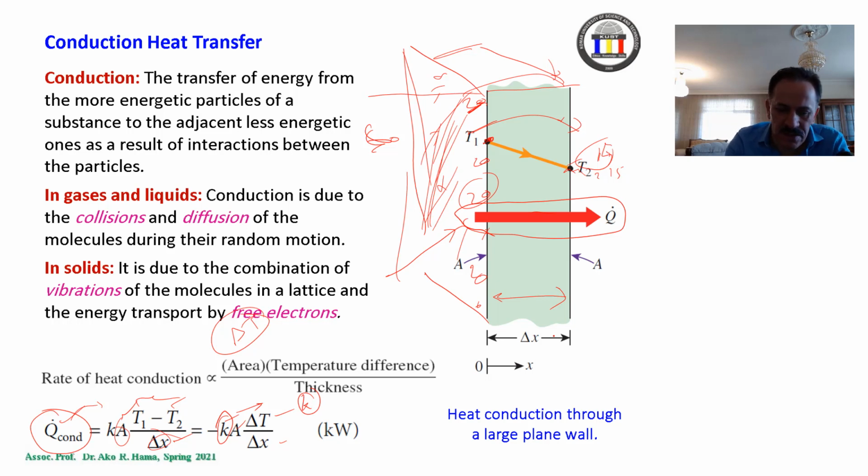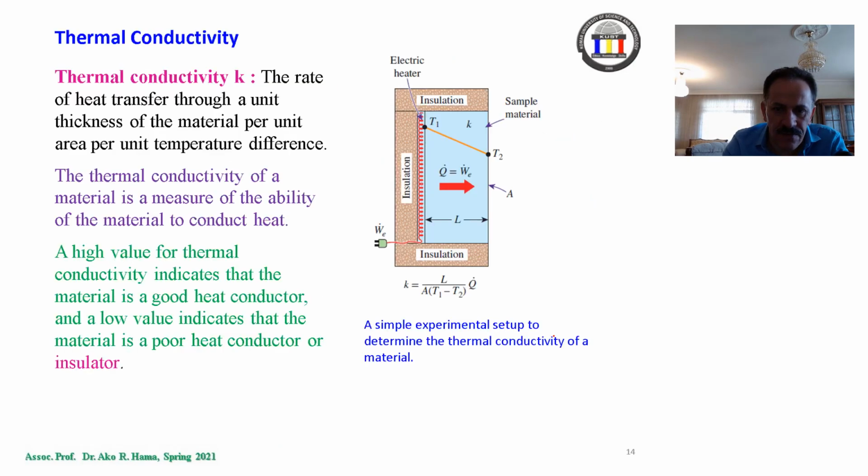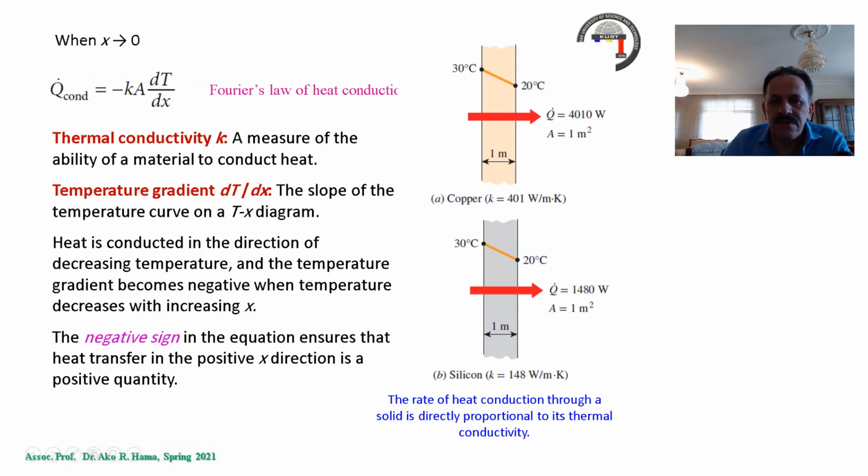Now, for example, here are two materials, like copper and silicon. If I take 1 meter thickness of this material and 1 meter of copper, and there is 30 degrees Celsius on one side and 20 on the other, the same for both. So what will happen? For the copper, K is equal to 401 watts per meter Kelvin.